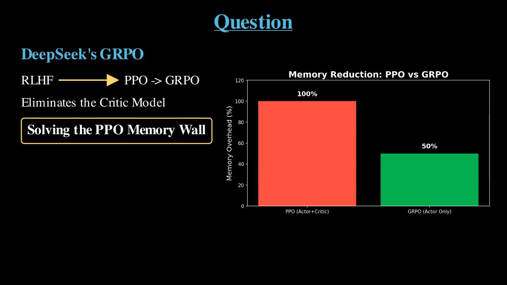By completely eliminating the critic model, while mathematically preserving stable advantage estimation, GRPO drastically slashes VRAM requirements. Today, we will dive deep into the math derivation, the architecture, memory optimization, and debugging techniques for GRPO.